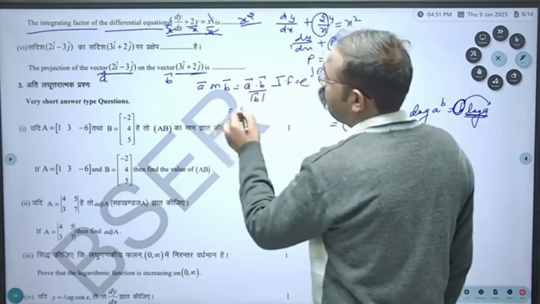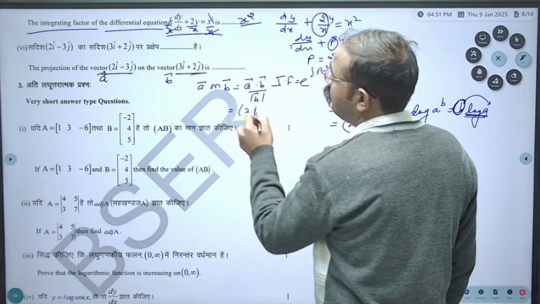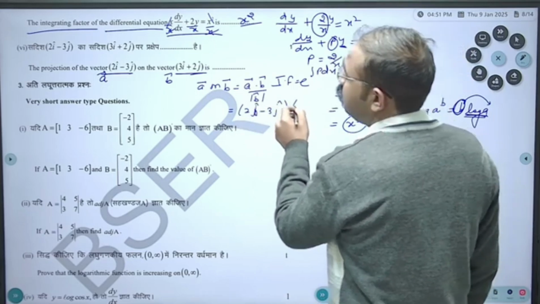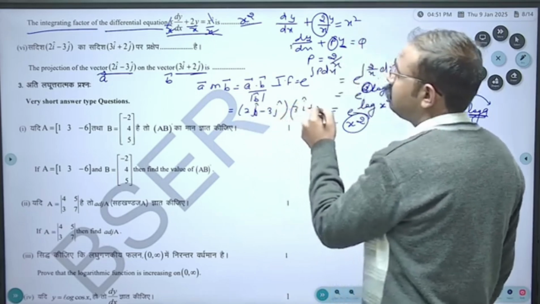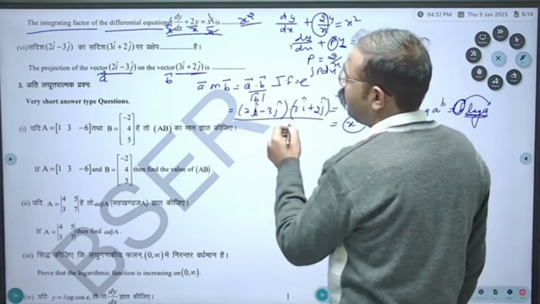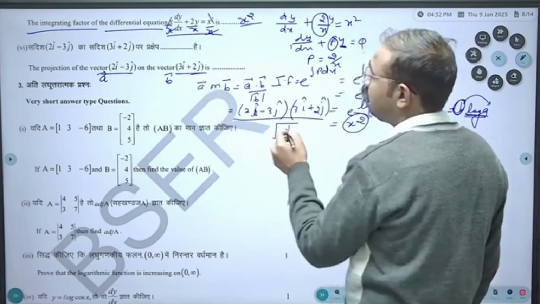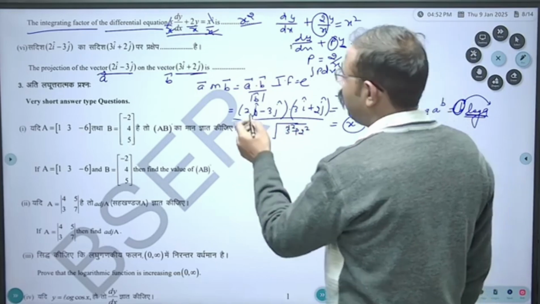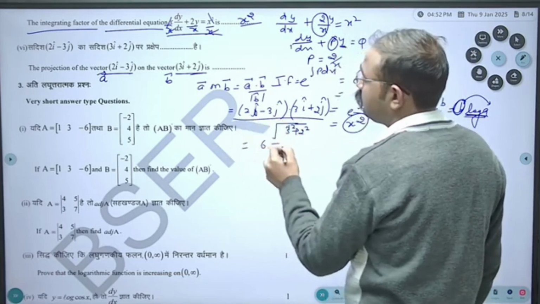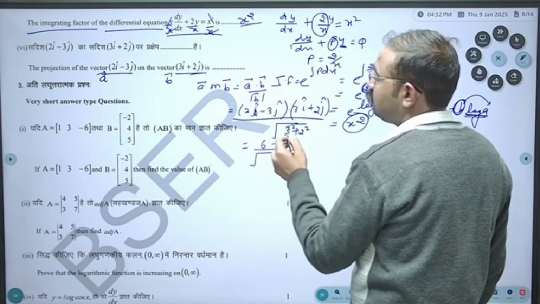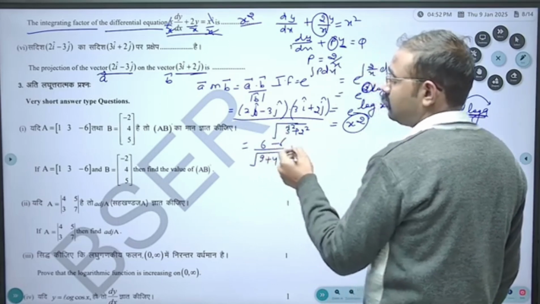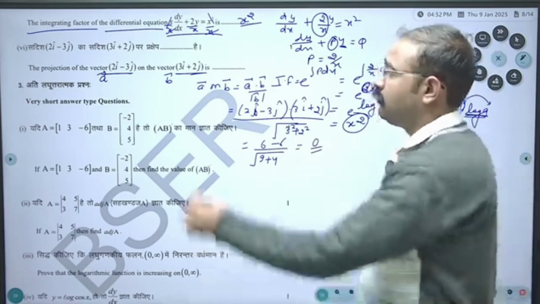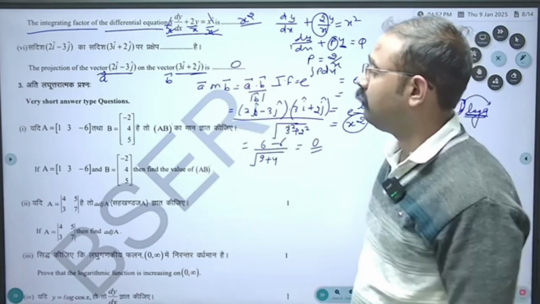And a dot b, a is 2 i cap minus 3 j cap dot b is 3 i cap plus 2 j cap upon magnitude of b. This is our b vector, then square root of 3 square plus 2 square. 2 times 3 is 6 minus 3 times 2 is 6 upon square root of 3 square 9 plus 4, 13. 0 upon root 13, and this will be 0. It's the projection of a vector on b vector.